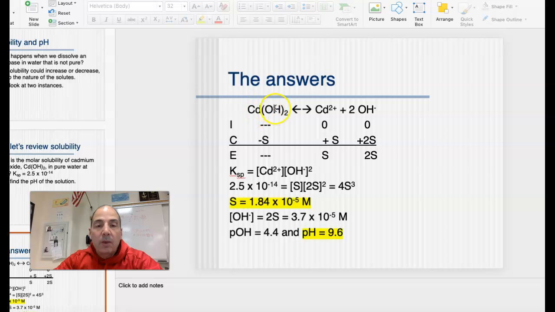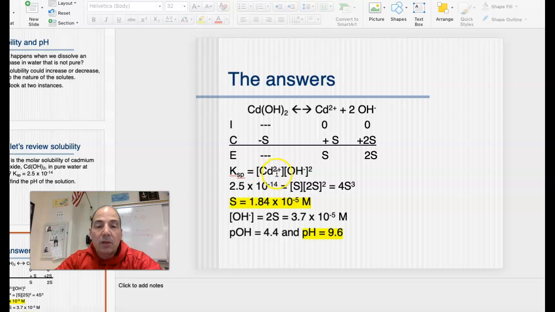So with KSP, we're always talking about dissociation of an ionic solid. So we're going to get cadmium and hydroxide. We can assume they start at 0 because we're putting it in pure water. There's none of that stuff in there. The solubility is the change. Even though it's a solid, we're talking about how much of that solid is going to dissolve. So that means that this would go up by S, this would go up by 2S. So we have our equilibrium values.